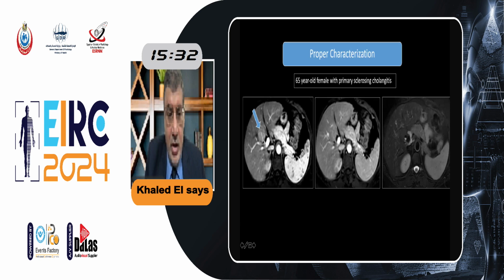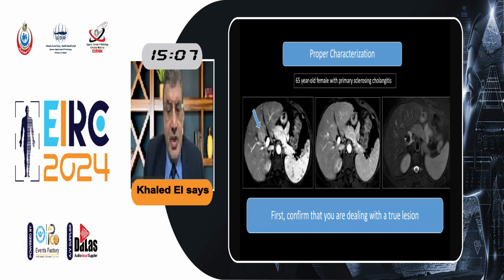But you see also an anomalous vein supplying it, and this becomes iso-intense on T2 MRI. So this is an aberrant right gastric vein, leading to this pseudo enhancement and pseudo lesion, which can lead to misdiagnosis.